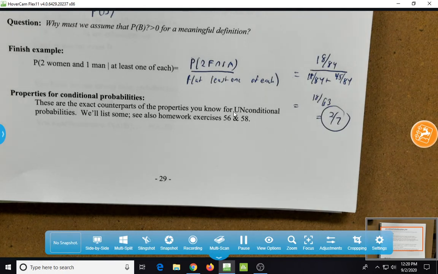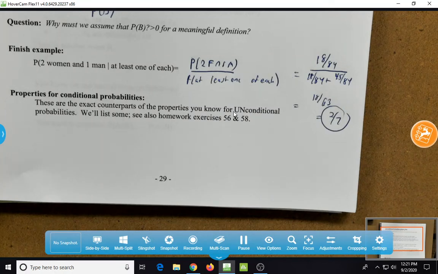Either I have 2 females and 1 male, or 1 female and 2 males. And so I calculated that probability. So that's why you divide by those 2. Because I have to add these 2 together, and I get 63 out of 84. And so 18 over 63, divide both by 9, I get 2/7.